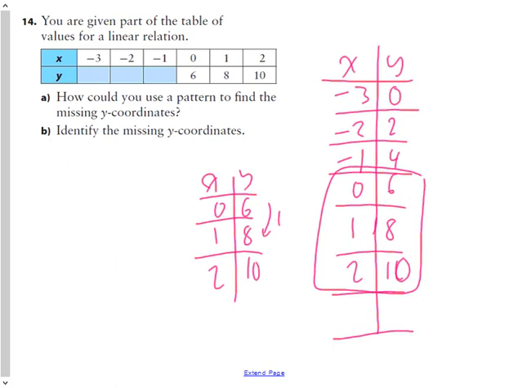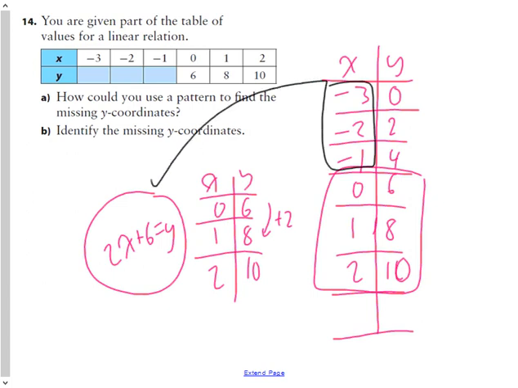This is going up by 2 and up by 1, so it's going to be 2x plus 6 equals y is our equation. And once we know that, we can substitute these three values into my equation to get the corresponding y values.